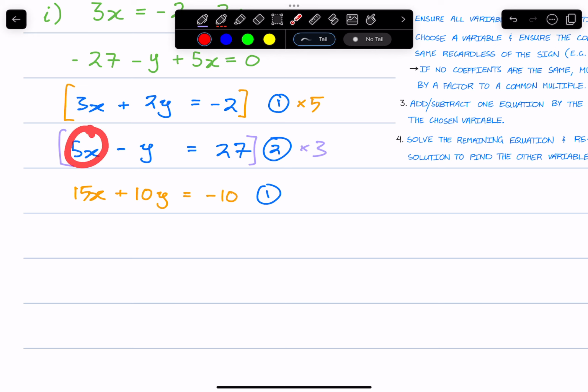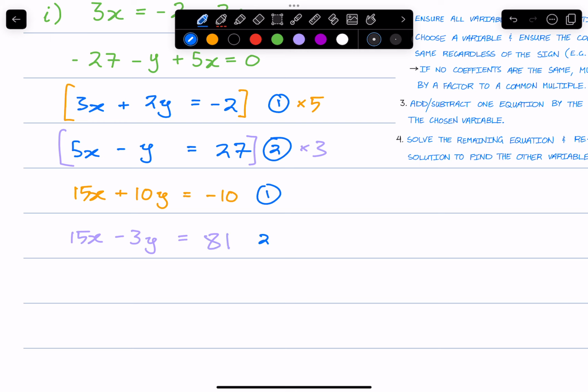Equation 2, 5x times 3 gives me 15x. Negative y times 3 gives me negative 3y, equaling 27 times 3 gives me 81. And that is equation 2.